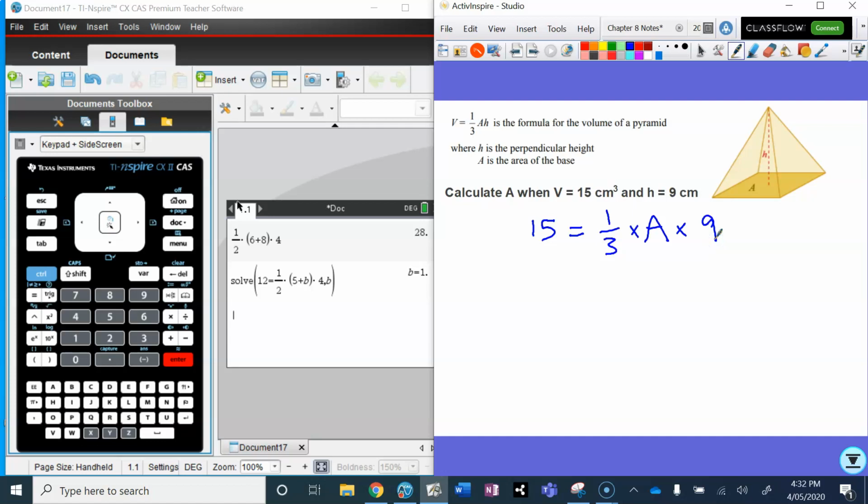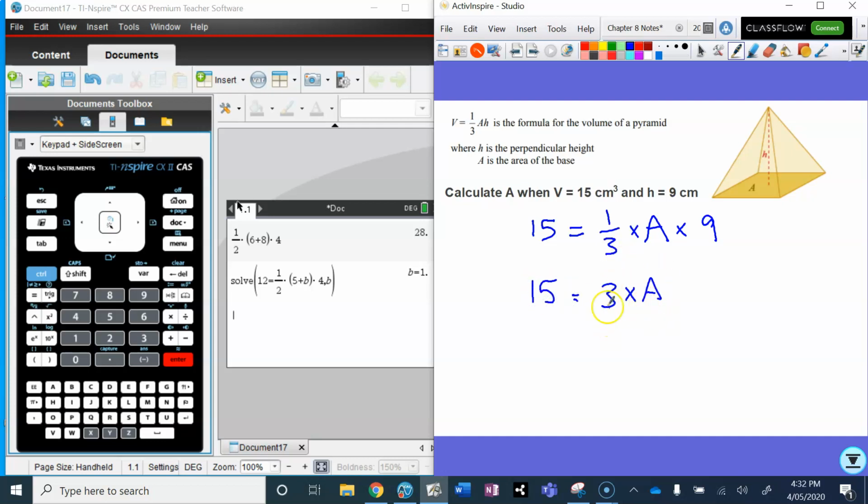So again, I don't know the subject this time. So it's a bit of messing around and manipulating and rearranging the formula in order to try and get this A by itself if I'm doing this skill by hand. So if I was doing this one by hand, I would be trying to simplify by calculating 1/3 of 9 is 3 times A is equal to 15.